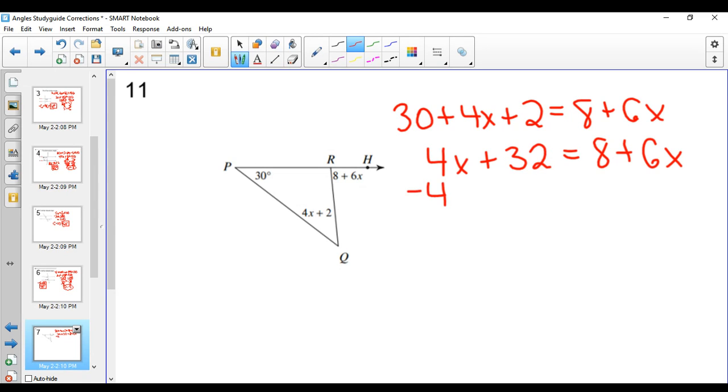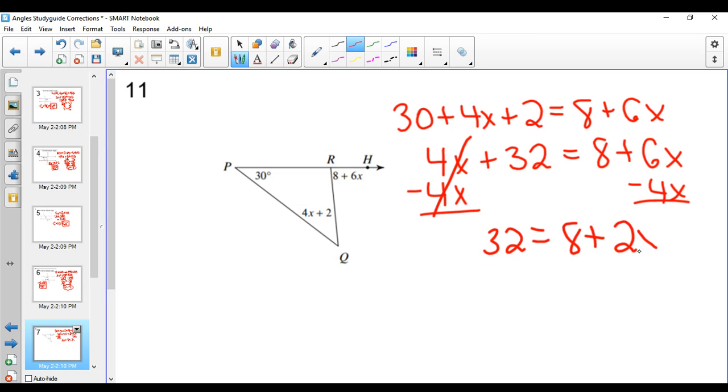So I'm going to subtract 4x from both sides. Those are going to cancel. We have 32 on this side, and then 8 plus 6x minus 4x gives us 2x. Next step, subtract 8 from both sides. Then 32 minus 8 gives us 24.